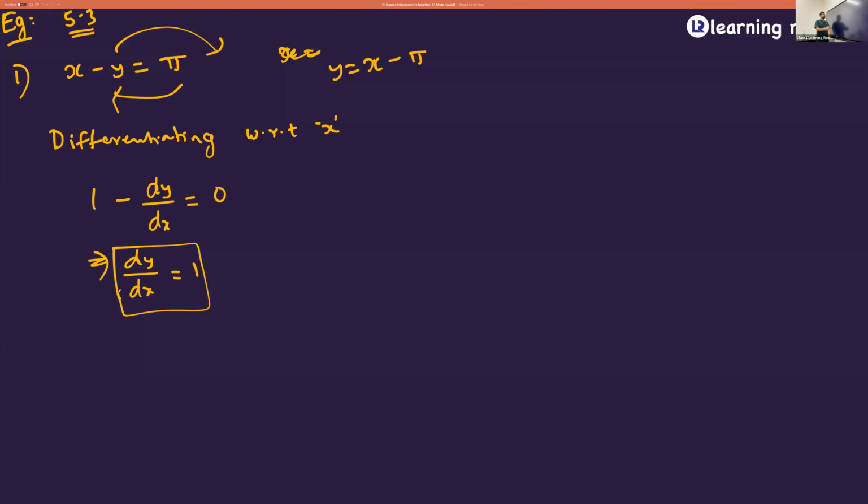So just to recollect the basics, I'll tell you what is the meaning of this. Observe, if this is x and y, you have y is equal to x minus pi. What does it represent? Basically, it is of the form y is equal to mx plus c, where c is negative.